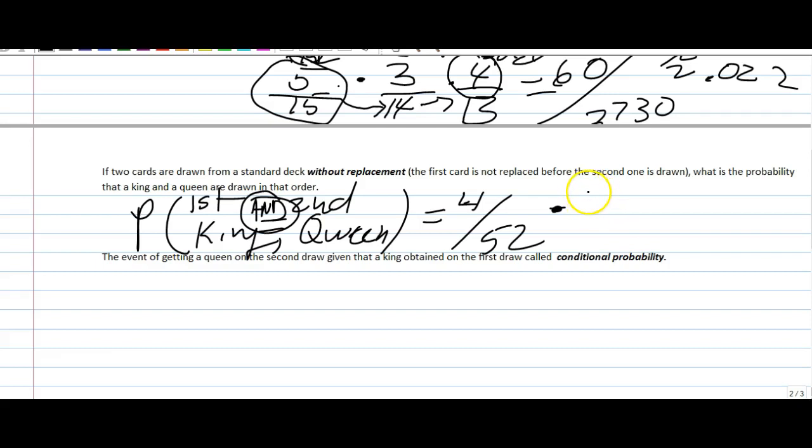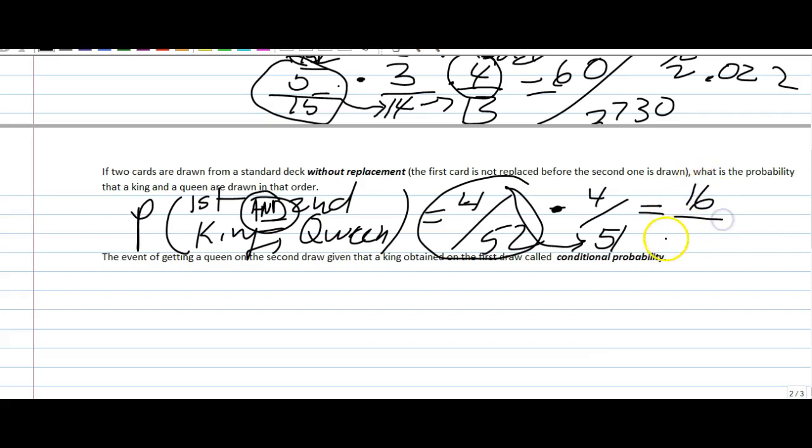Well, if the first card is a king, then I still have 4 queens to choose from, but I only have a total now of 51 cards because I didn't put the first card back before I drew the second one. So I multiply their separate probabilities, which gives me 16 over 2,652, which is approximately equal to 0.006.